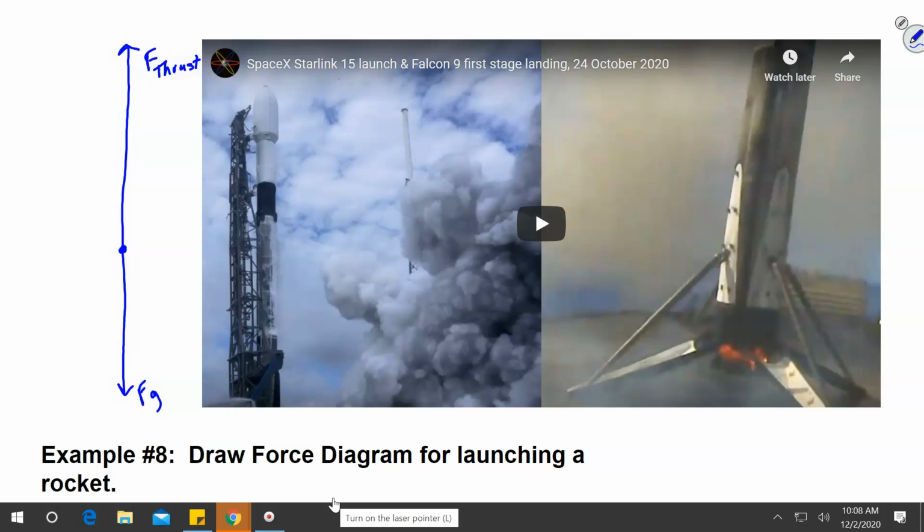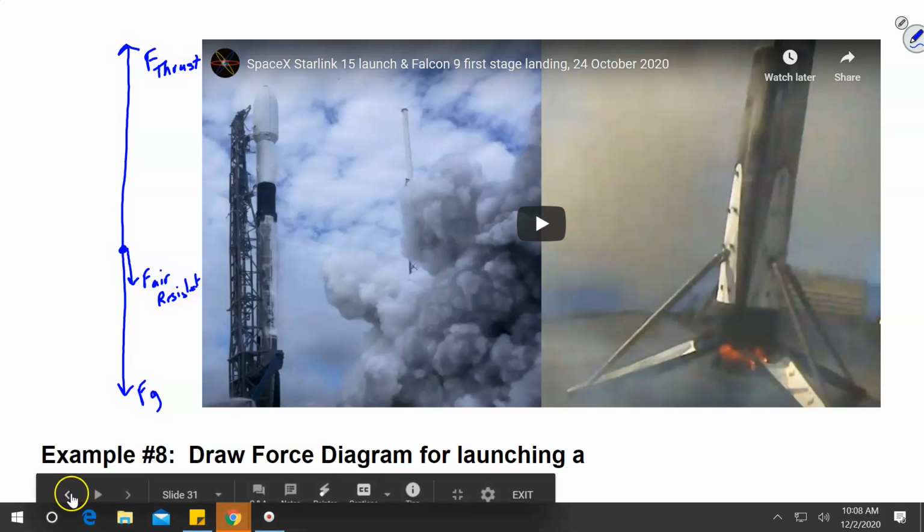As it's moving, there would also be some force air resistance or drag on that rocket too. Now, these would not be congruent because this is accelerating, so they would be unbalanced forces because it's accelerating into outer space. So this would just be a couple of examples of doing force diagrams.